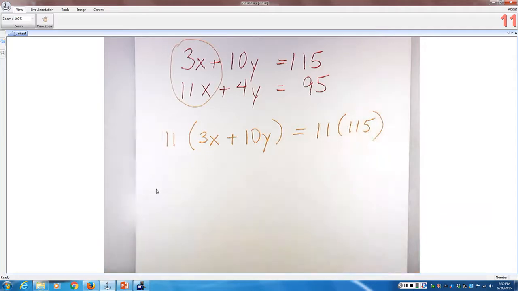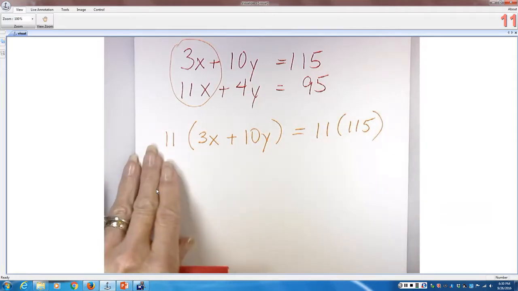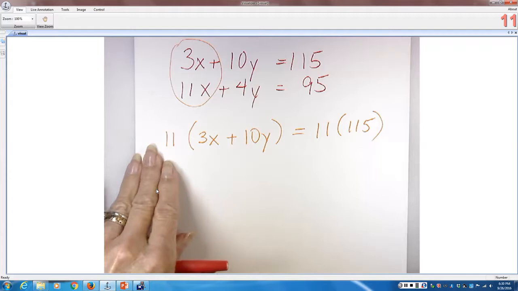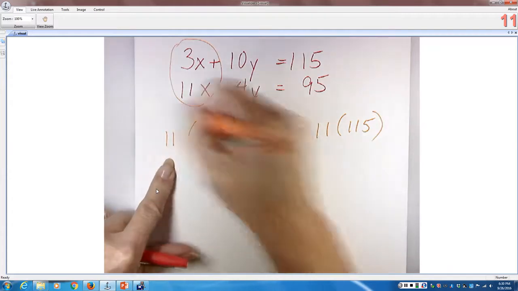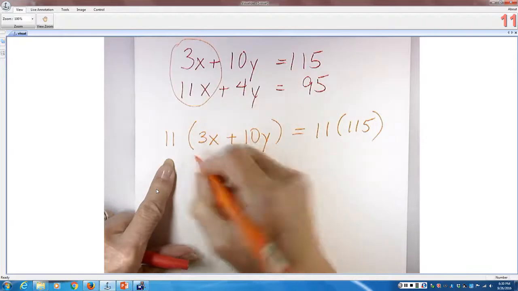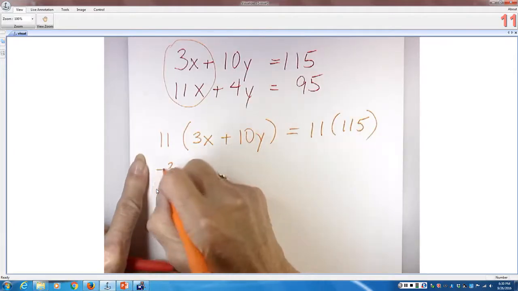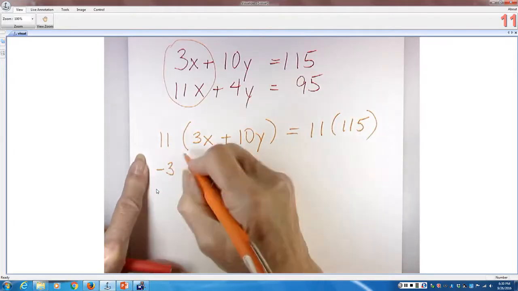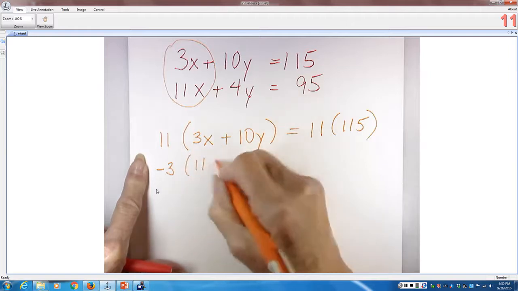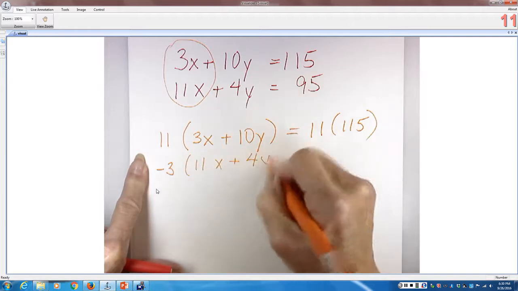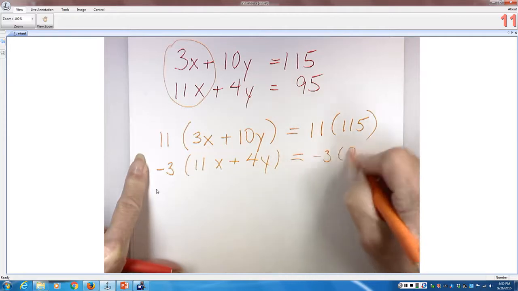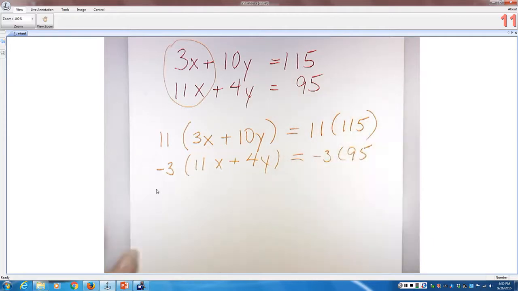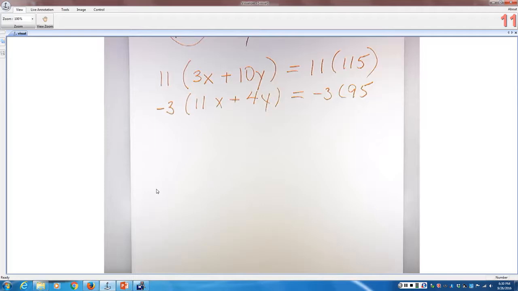Because you know from all the algebra you've ever had that you can multiply both sides of an equation by the same thing and you don't change the equality. Then because I want this 33x to cancel out, I'm going to take the 3 and make it negative, so the signs will be the opposite, and multiply it times 11x plus 4y equals negative 3 times 95. So that's my first step, is to multiply those all together.